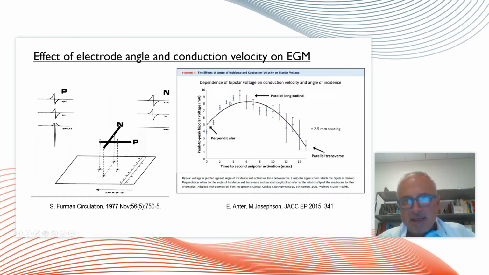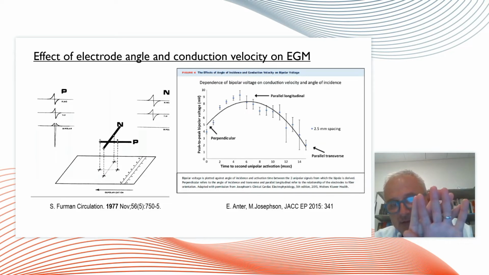However, still, if you look at the dependence of the bipolar voltage on the conduction velocity, you will find contradictory findings. If you have a very, very fast activation, you will have similar electrograms, one over the other, and when you subtract them, your peak-to-peak voltage will be lower than when you have a slower activation and your two unipoles are more apart.